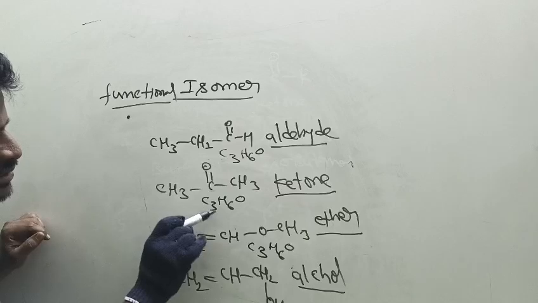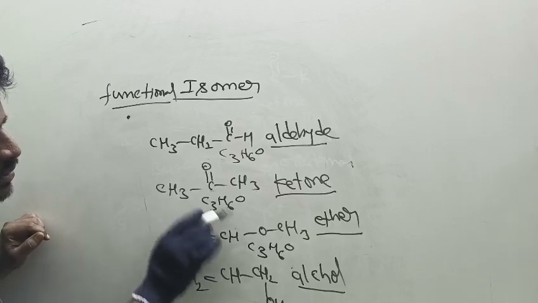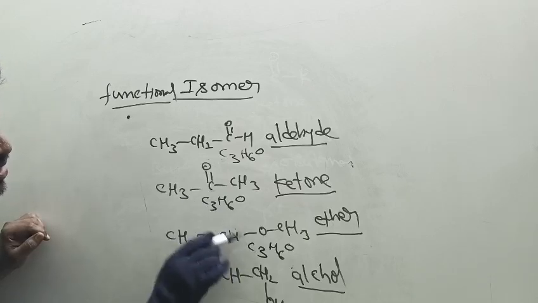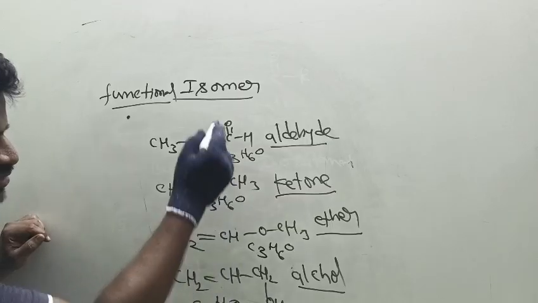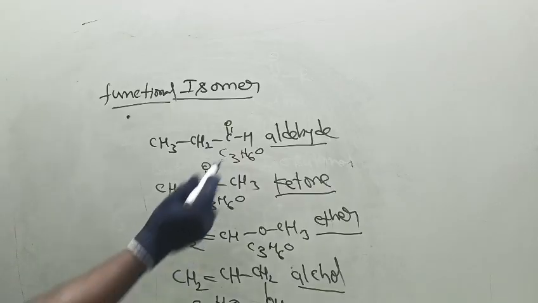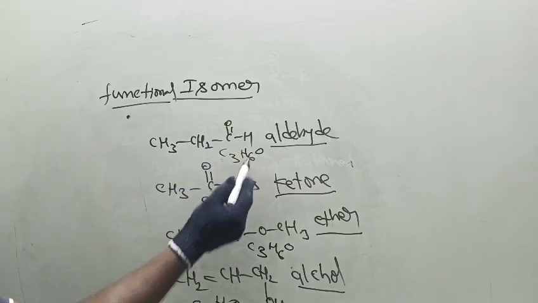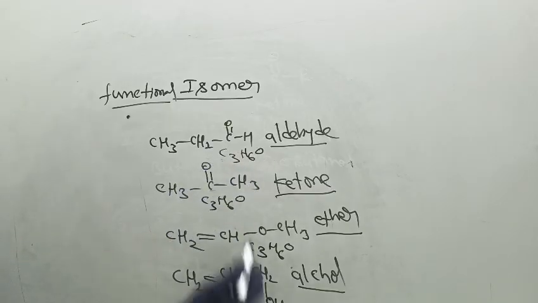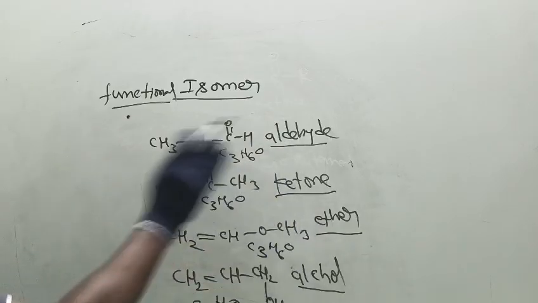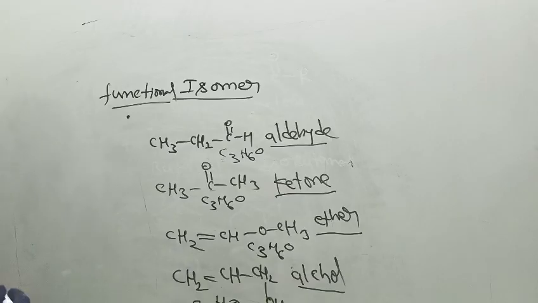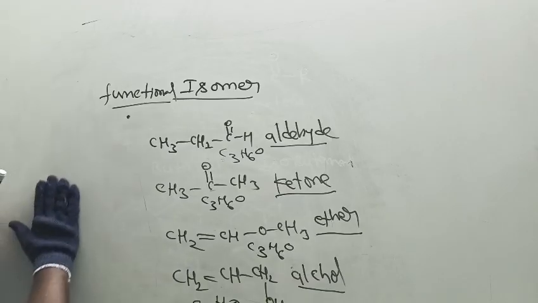See, both have the same molecular formula but different functional groups. And let us see alcohol, C3H6O. These 4 compounds have the same molecular formula C3H6O, but one structure is aldehyde, another one is ketone, and ether and alcohol, including functional group isomers.